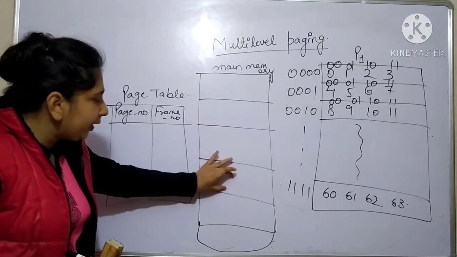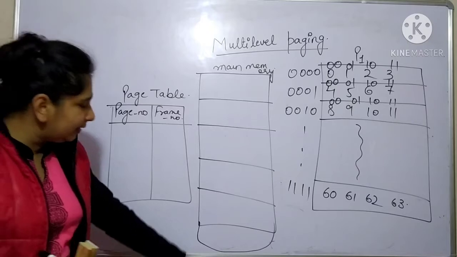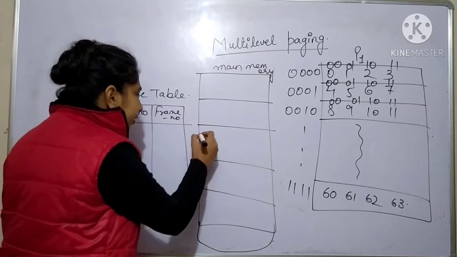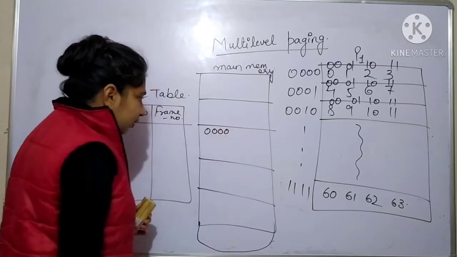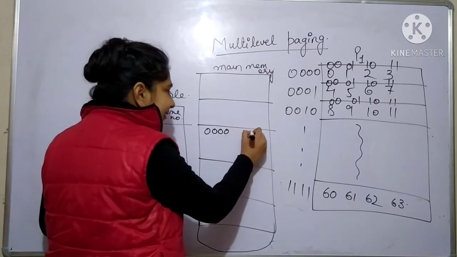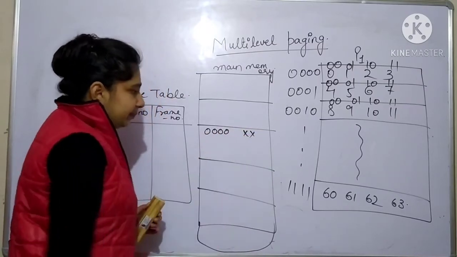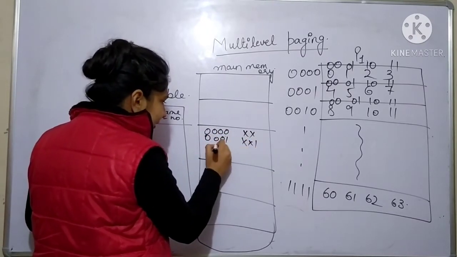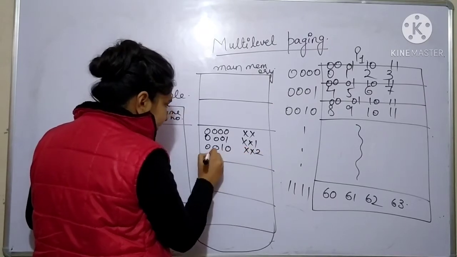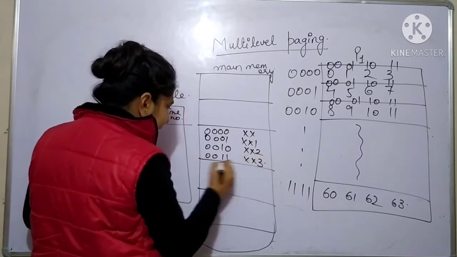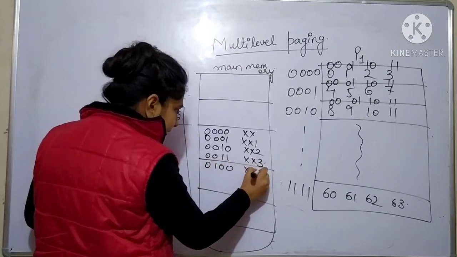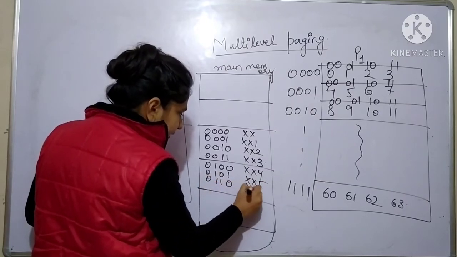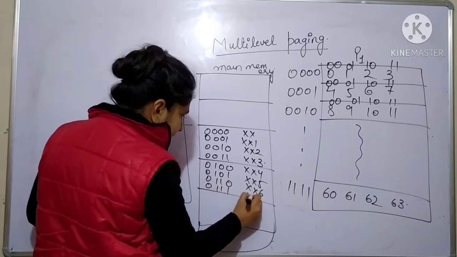So how many frames do we really need to store the page table in the main memory? We need 4 frames. So what I am going to do, like 0000, this page is present at this memory location, and this page is present at this memory location, like this, 0011 and so on.